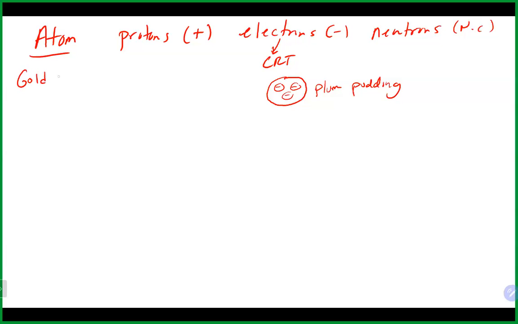This was the accepted model until the big experiment by a guy named Rutherford, the gold foil experiment. He shot alpha particles, which are radioactive, positively charged particles, at pieces of gold foil, or atoms, essentially.